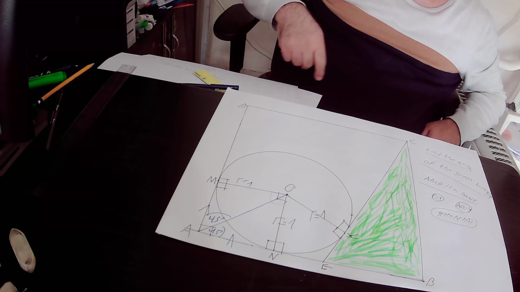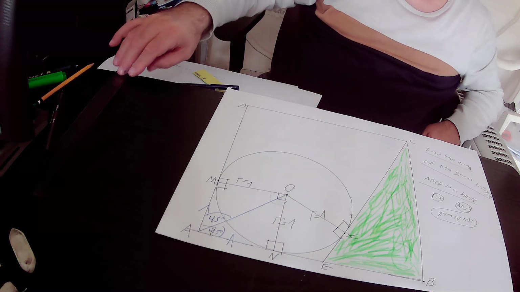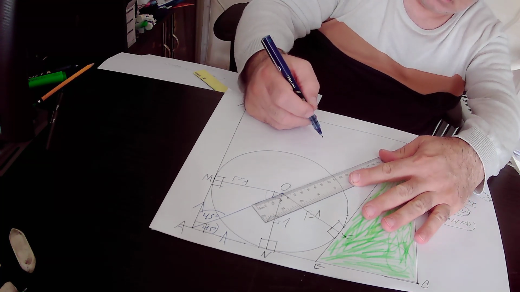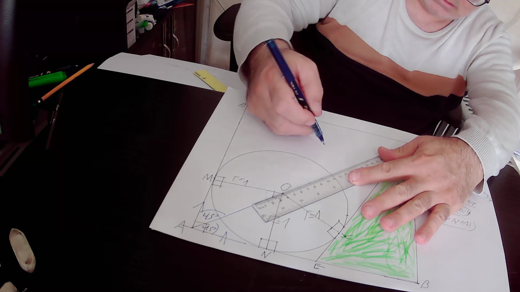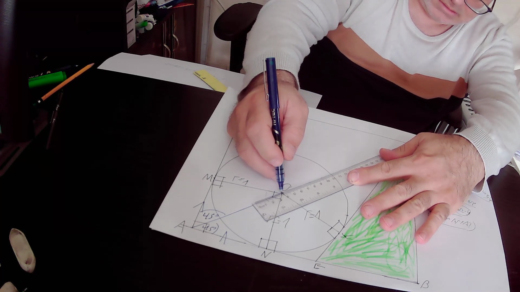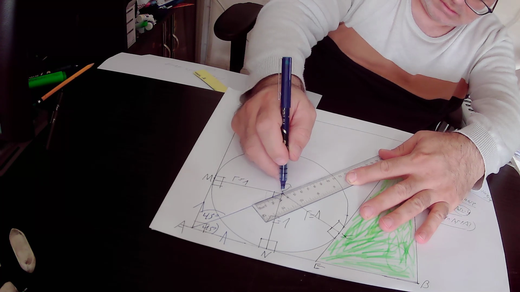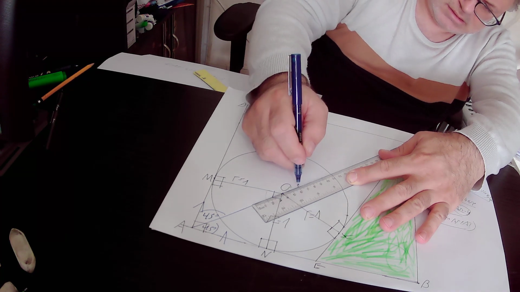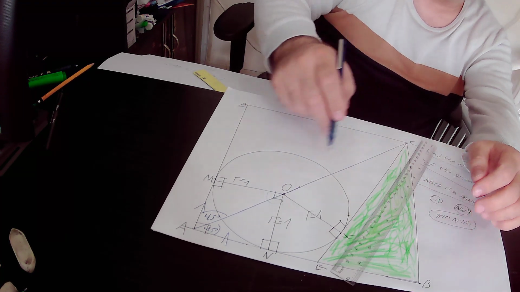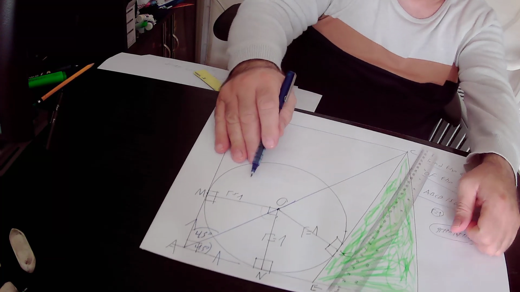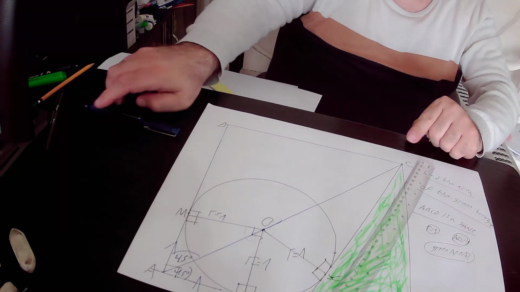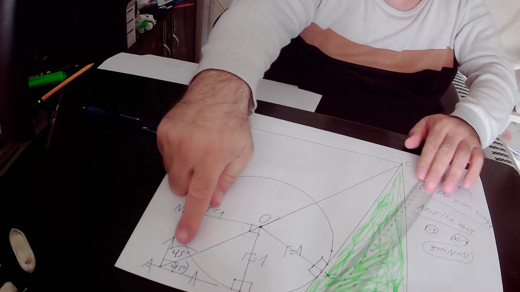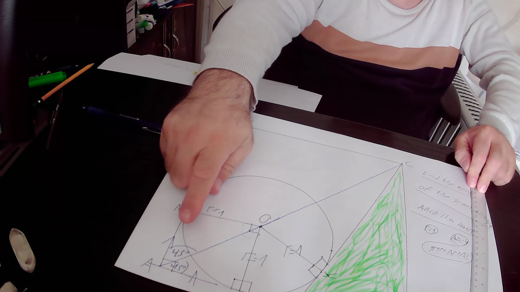Likewise, the diagonal CA, I'll repeat again, the diagonal CA bisects this angle into two angles of 45 degrees.